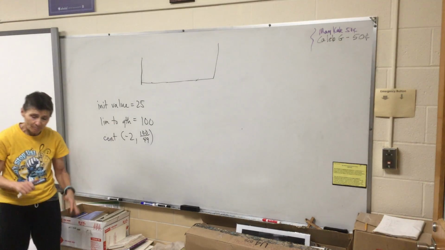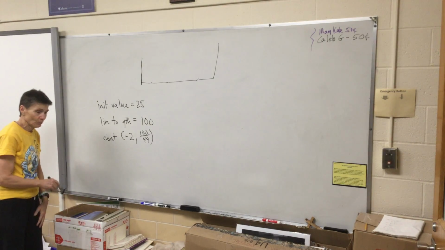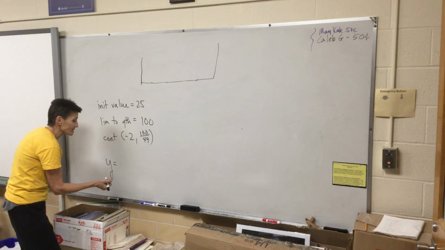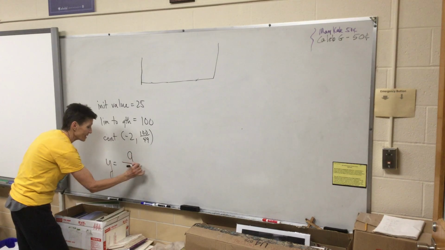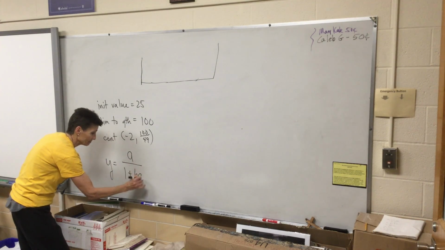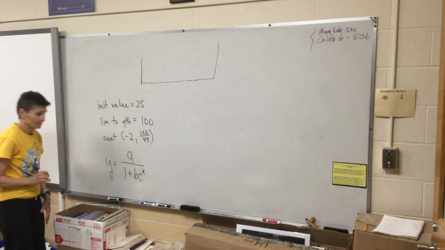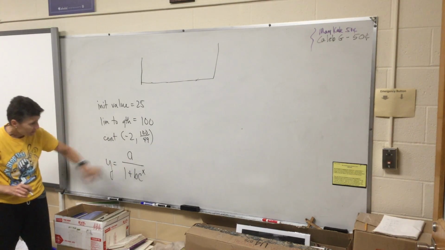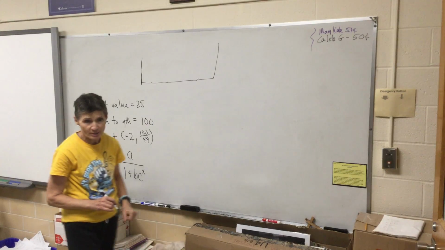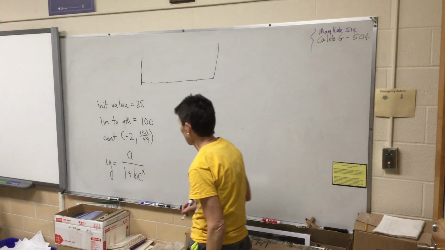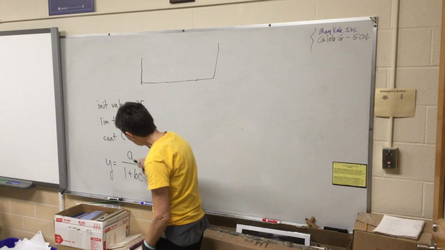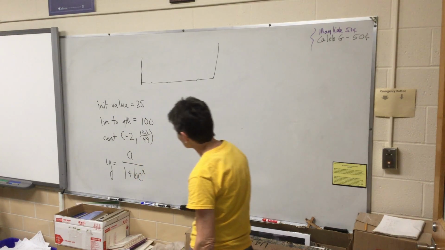Now, obviously the first thing you need to do to get started is to remember that a logistic function looks like this. That is the format that we are using when we write our logistic functions. Your job is to figure out A, B, and C.